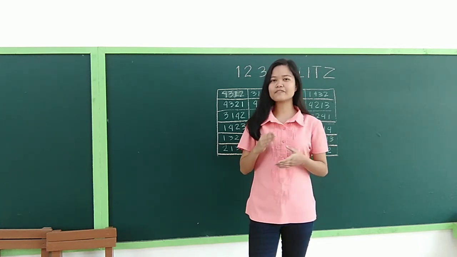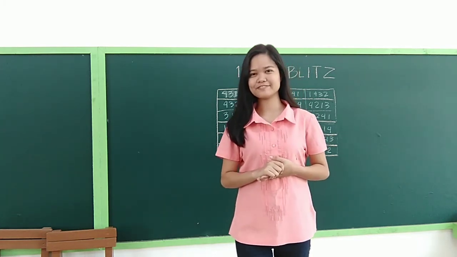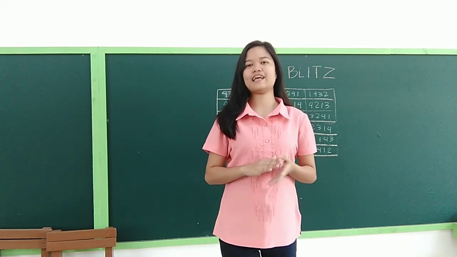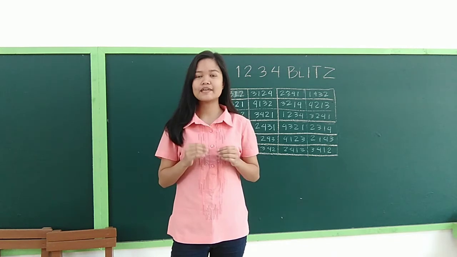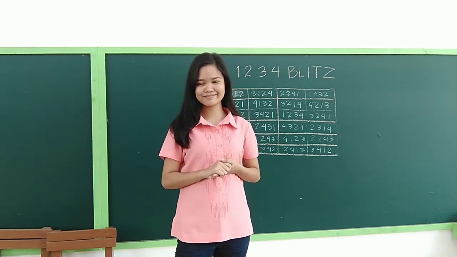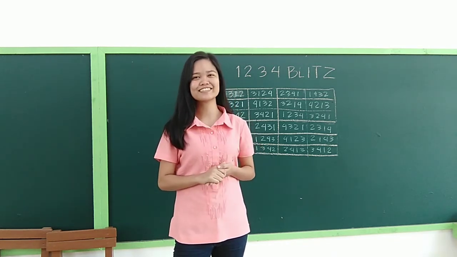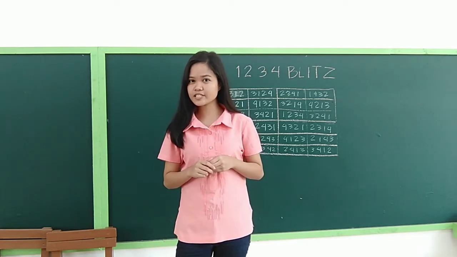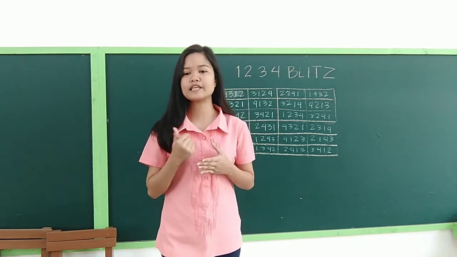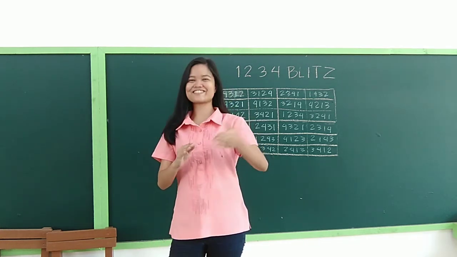Now, how do you find our lesson for today? Once again, how to determine if a situation involves permutation? Very good. Can you differentiate the different kinds of permutations? First, linear permutation. That's right.